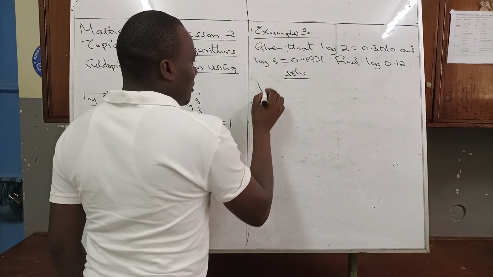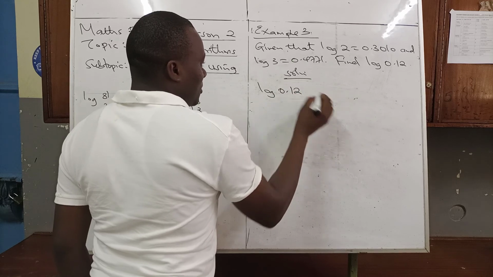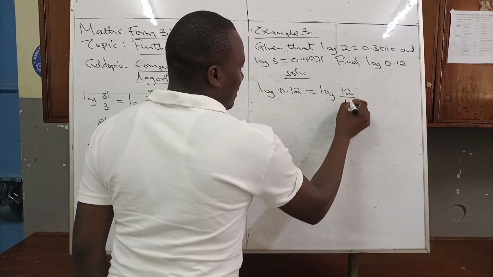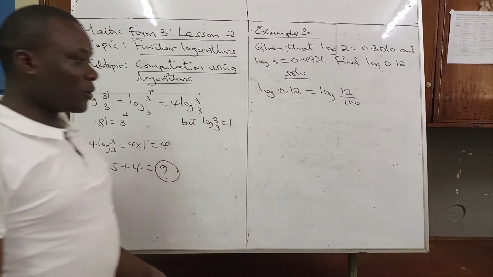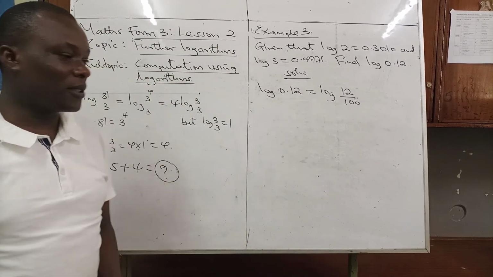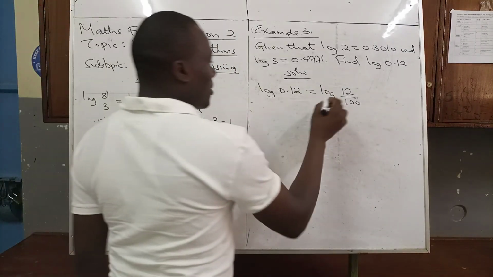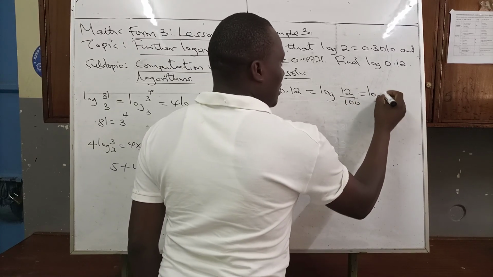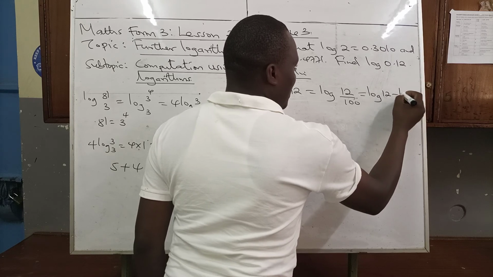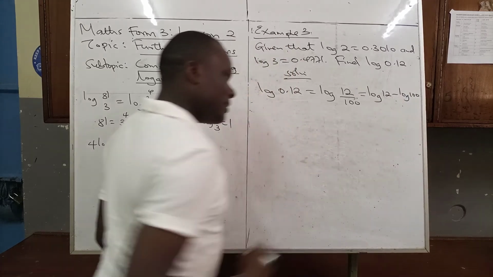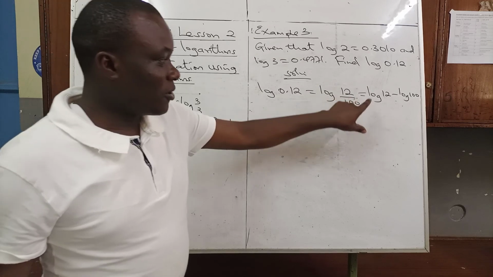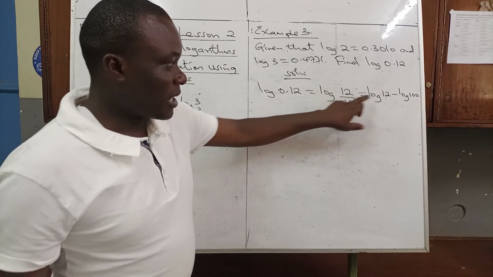Log 0.12 can be written as log 12 over 100, so you can change the decimal into a fraction. From there, this can further be written as log 12 minus log 100, because these are division. If you want to introduce log, then the division becomes a minus.